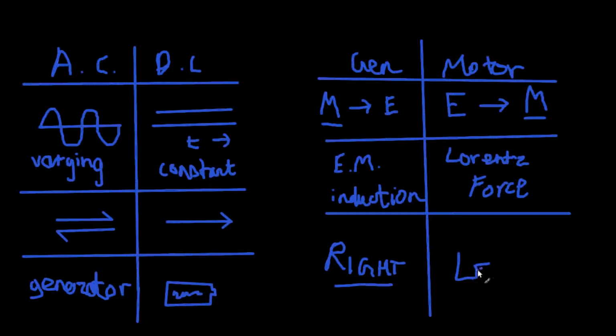It's not a difference. If you're asked for differences, please don't write this. I'm just telling you this because if you go wrong over here, then in all your numericals, you get everything in the opposite direction. So an easy way to remember this: Lorentz force for motor, same L for left over here. That's also motor. So that's it in differences.